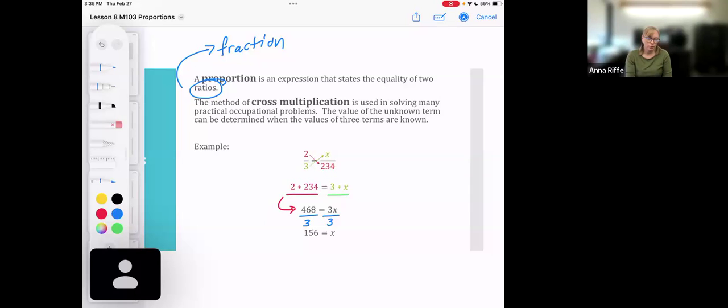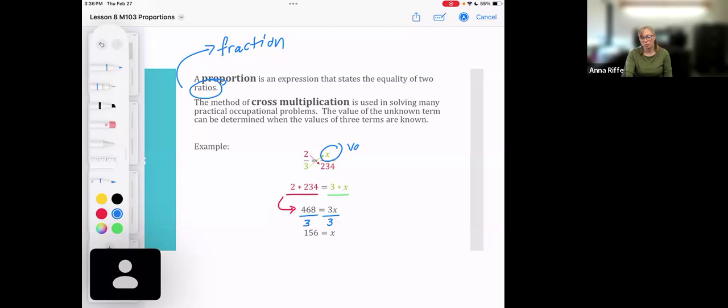A couple of things should be mentioned here. We have used x every now and then to represent an unknown quantity.